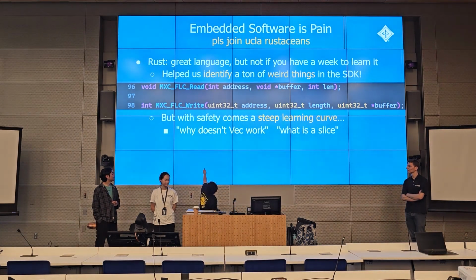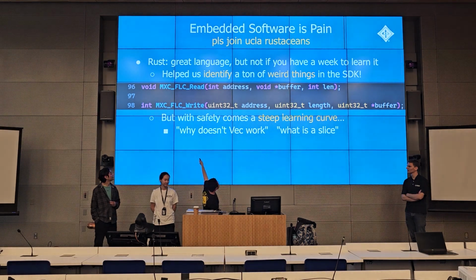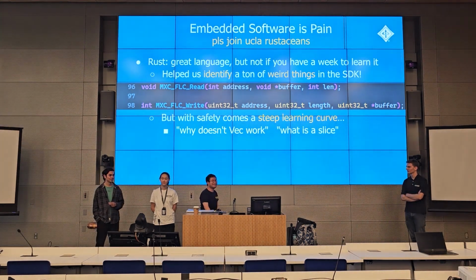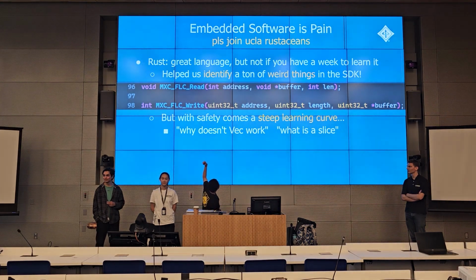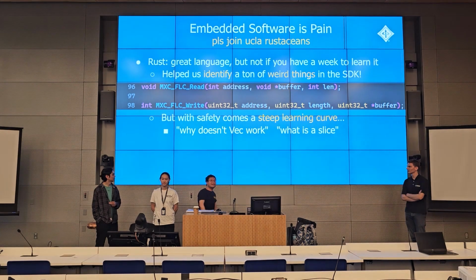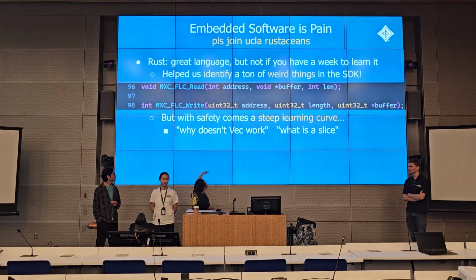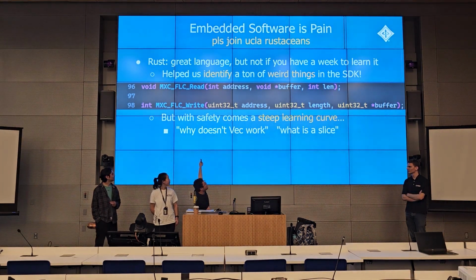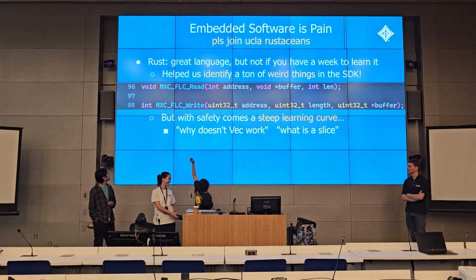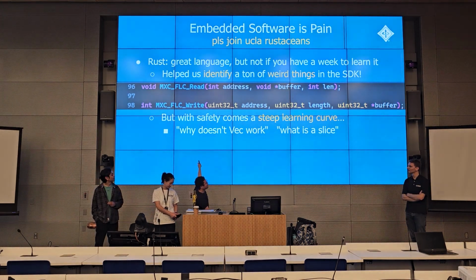And finally, probably our biggest problem was it turns out Rust as a language is very hard to learn, especially if you only have a couple of weeks to do it. Rust is very nice as a language because it helps you identify a lot of bugs that languages like C and C++ won't let you identify. For example, in the SDK, there are these two methods which are absolutely baffling to me. You have the method that reads from flash memory.